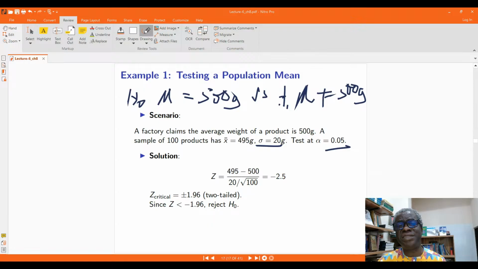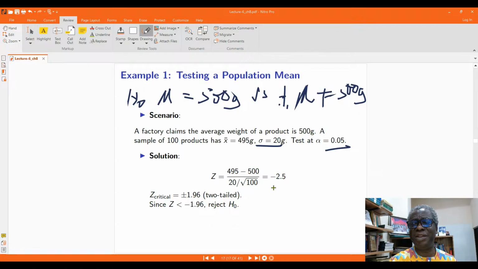That is, you have to choose a value that will represent the likelihood of committing type 1 error, which is alpha. And here we've been given that value to be 0.05.